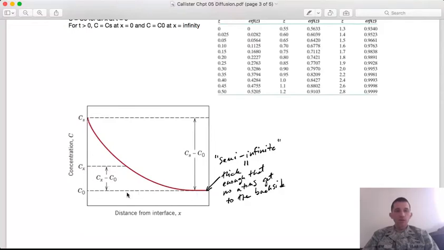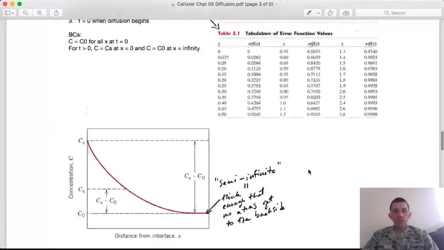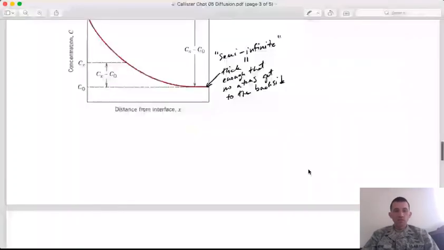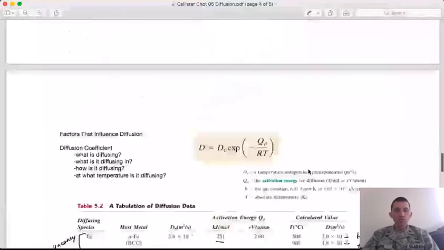And you have this semi-infinite solid, so eventually you will reach a deep enough depth where it's the extent of the diffusing species, and you've got this concentration curve in the interim. As you go longer in time, you're diffusing more and more species into the material, and so this curve is going to stretch deeper and deeper and become more shallow over time as you're diffusing more impurities into your material.